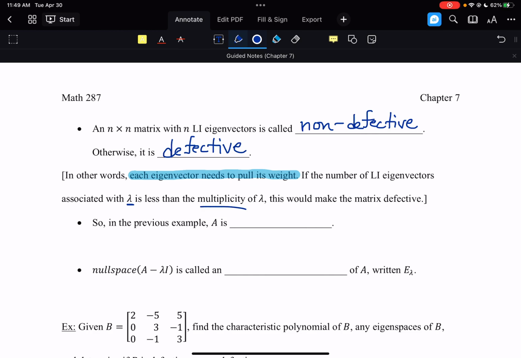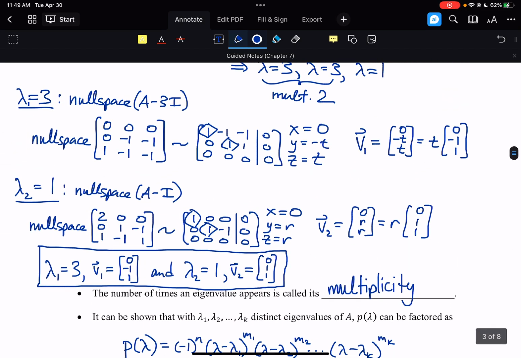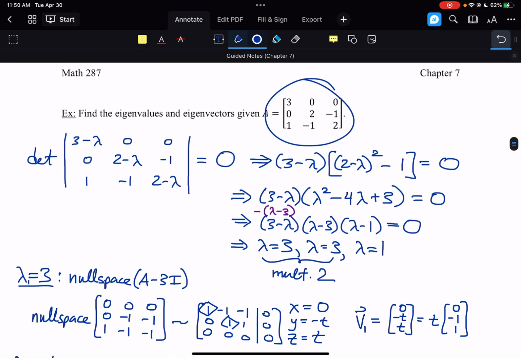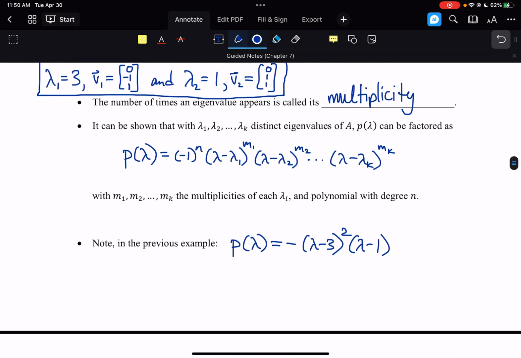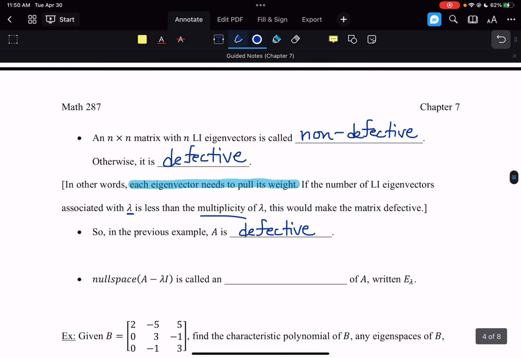It needs to produce 2 in order for this matrix to be non-defective. So in this previous example, A is defective, because we had a 3 by 3 matrix that only had 2 linearly independent eigenvectors. So this matrix did not have enough eigenvectors to be non-defective. So it is defective for that example.